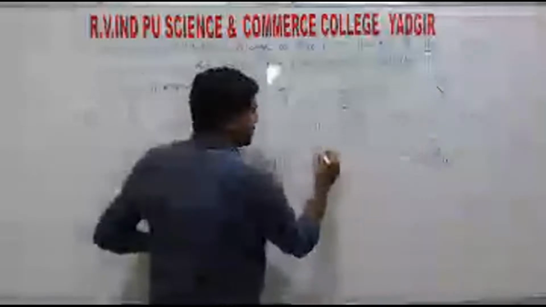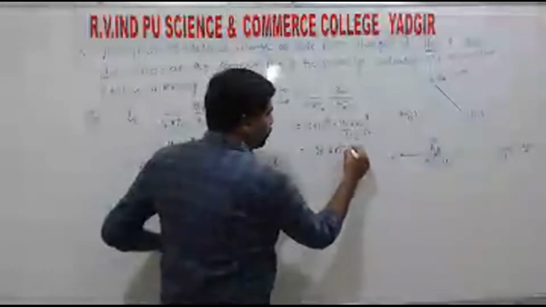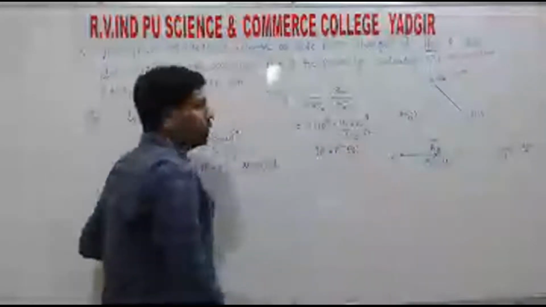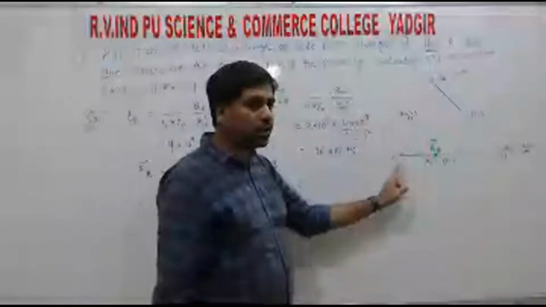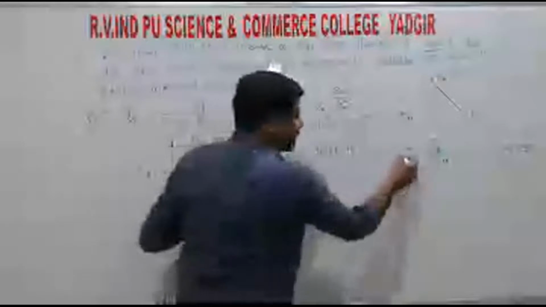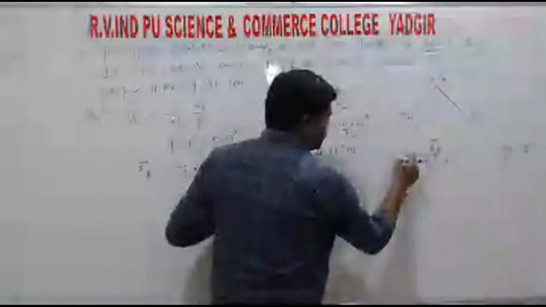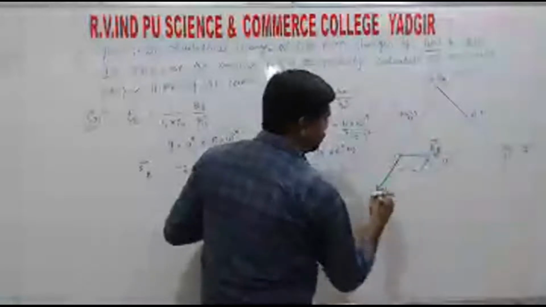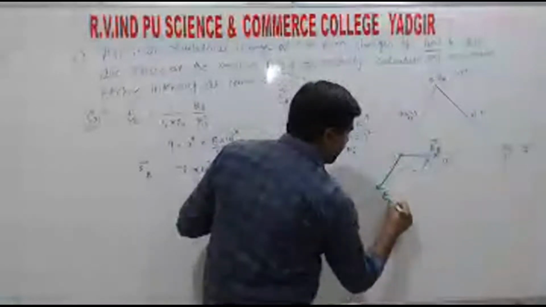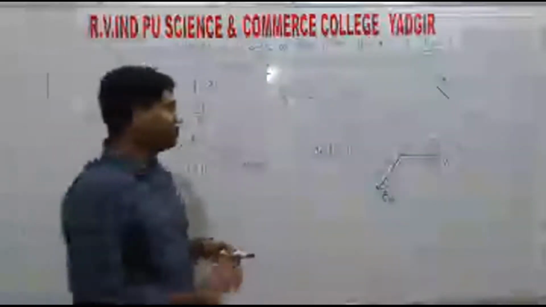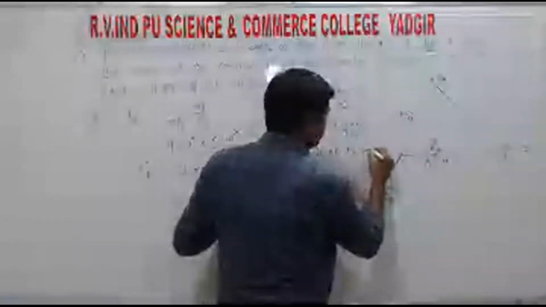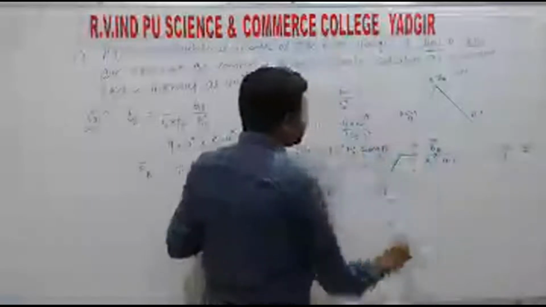So here 36 into 10 to the power of 2 Newton per Coulomb. The direction is: here we have a positive charge, here also a positive charge. There is a repulsive force. So the direction is in this direction. So this gives EA, right? That is along AC.